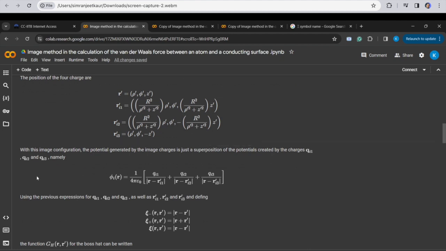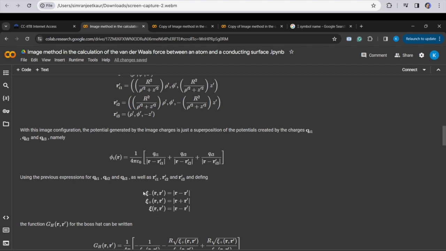So with the image configuration, the potential generated by these image charges is just a superposition of the potentials created individually. So it becomes the sum of the potentials created by QI1, QI2 and QI3, namely phi I equals this.